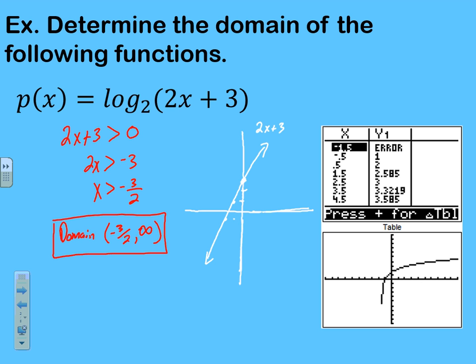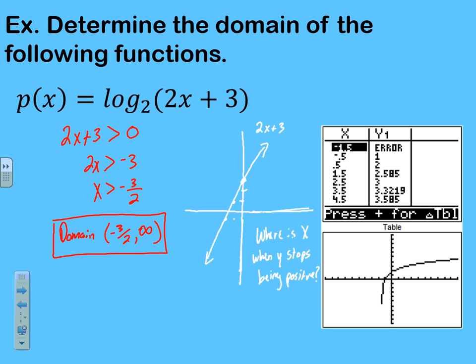Well, method number 2 is basically asking, okay, where is x when y stops being positive? Because the domain of the logarithm has to be numbers greater than 0, generally speaking.